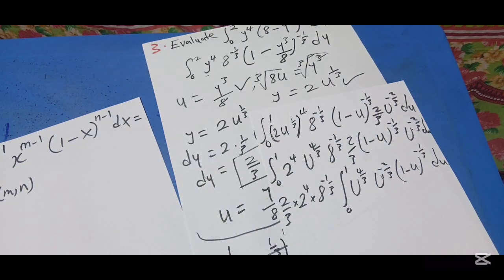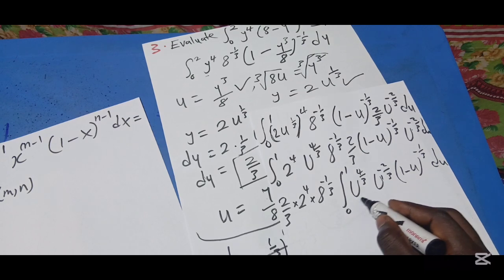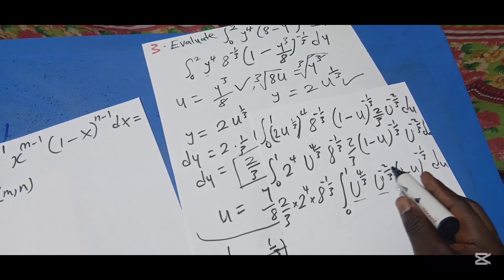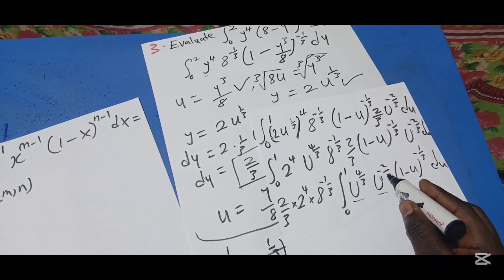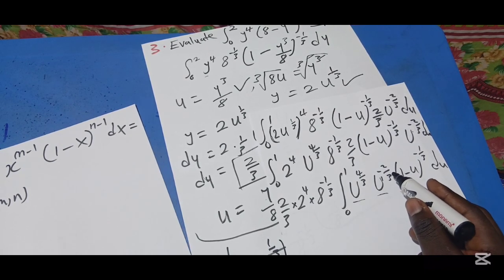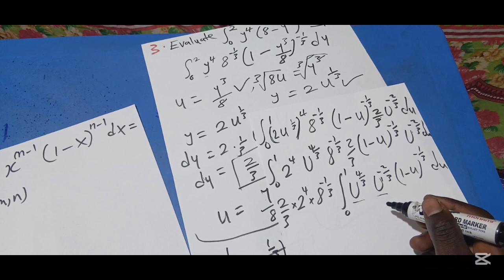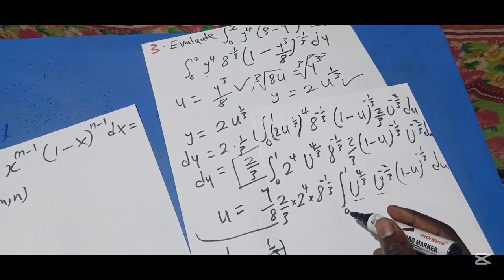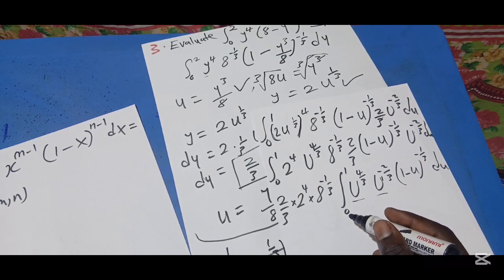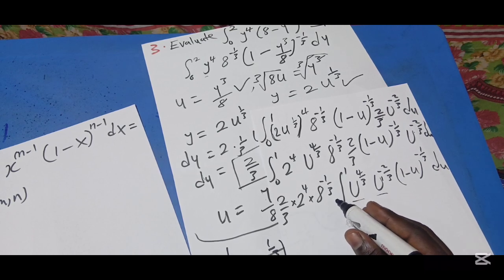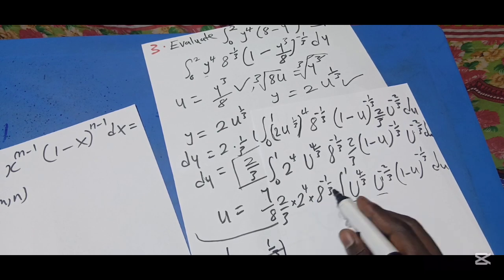So simplifying, because these terms have the same base, we can just add the powers. So 4 on 3 minus 2 on 3, which is the same as 2 on 3, because of the negative sign. So this is going to give us, and we know before that 2 to the power 4 is 16, and 8 to the power minus 1 on 3 is half, and we have 2 on 3 there.